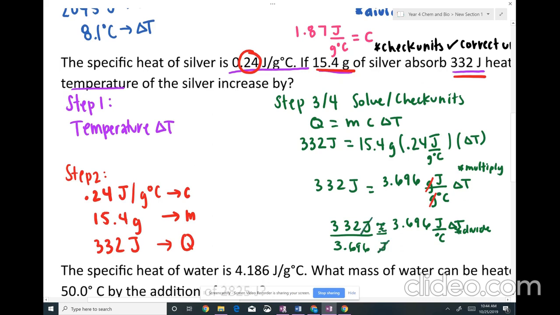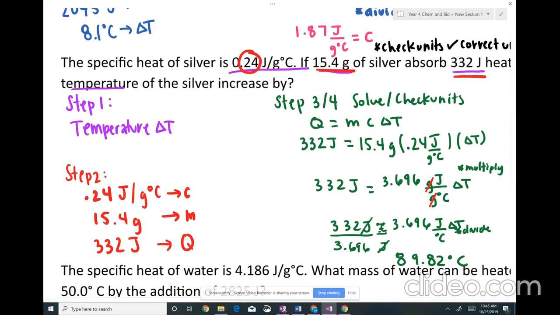When I divide that, I should get 89.82 degrees Celsius.